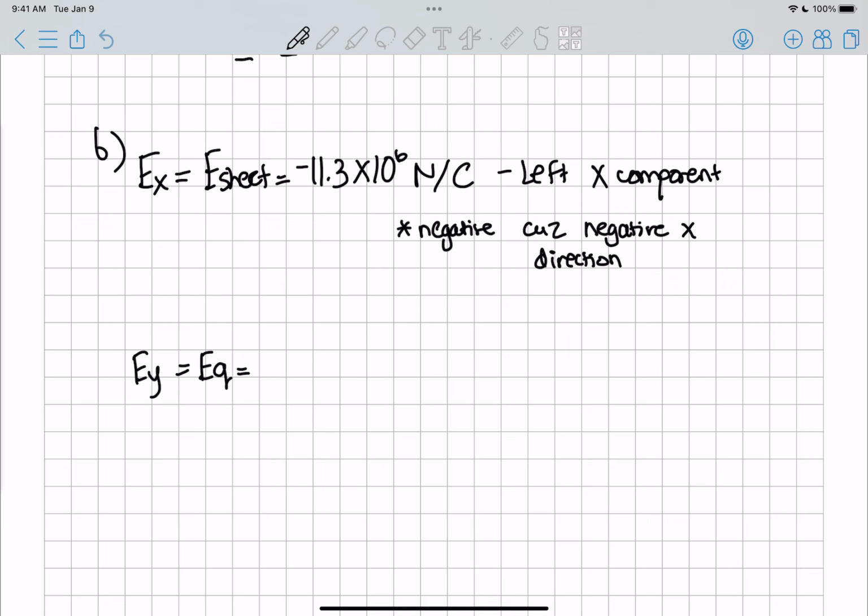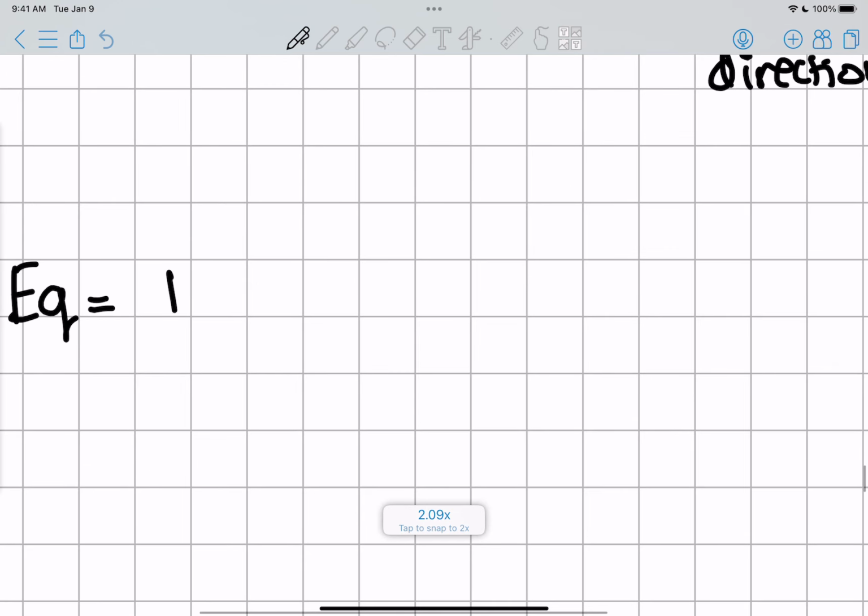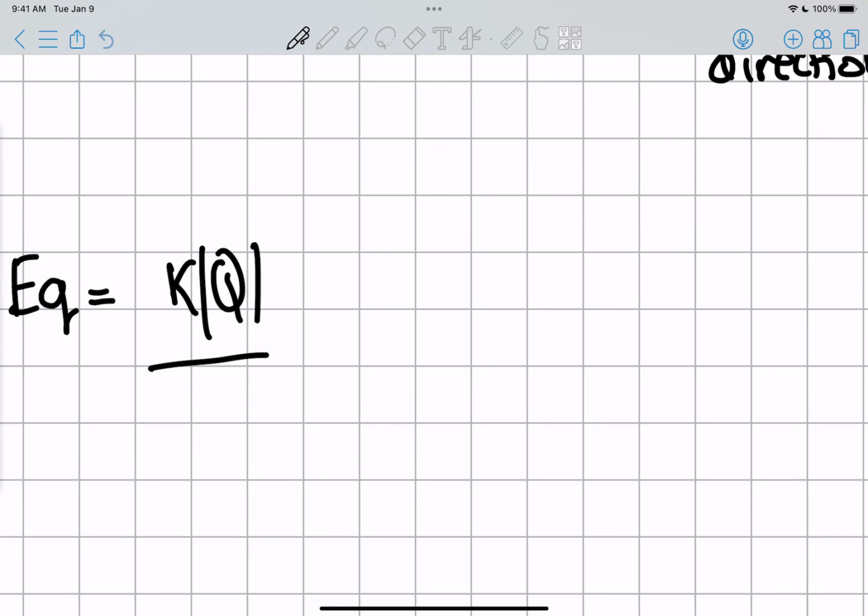So this EQ, we can calculate by taking K, absolute value of Q. The electric field of a point charge, you can find under the electric field heading on your equation sheet. It's K times the absolute value of the charge that is causing that electric field, the source charge in this case, capital Q, divided by R squared, the distance between point A and that charge.